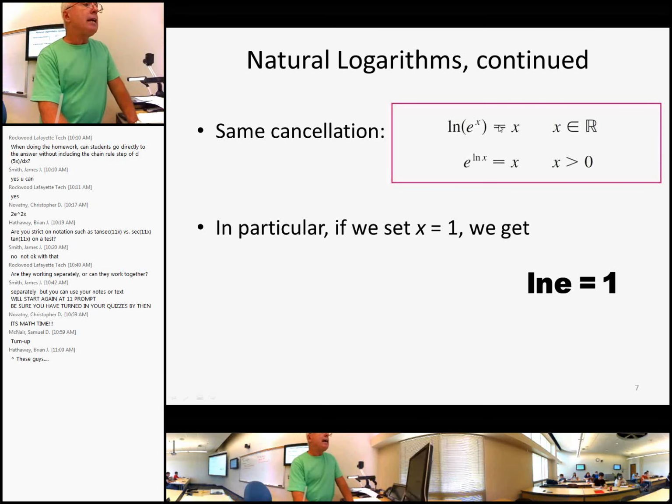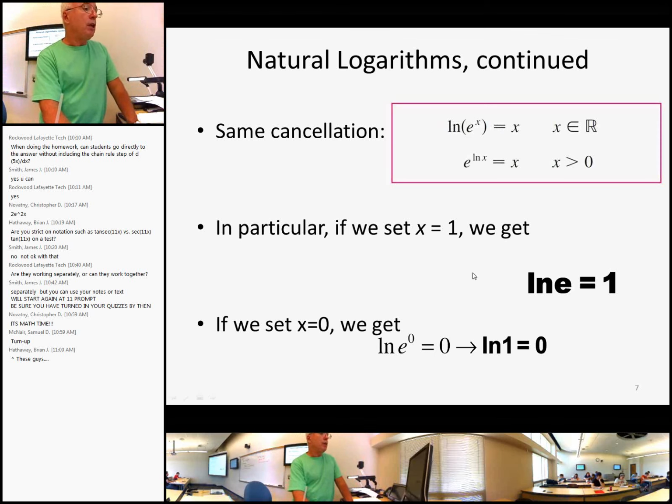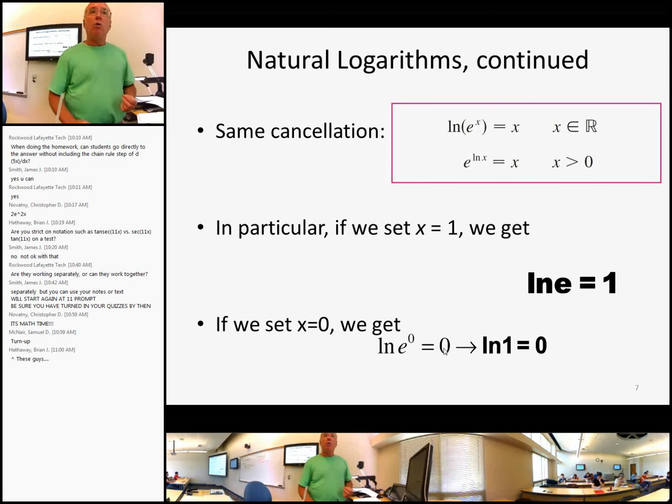Now, if we set x to 0, we get another important equation. I put 0 in for x here and 0 in for x here, and I get the ln of e to the 0 is equal to 0. Well, as we mentioned earlier, e to the 0 power equals 1. So this means that the ln of 1 is equal to 0. That's another fact you need to remember.